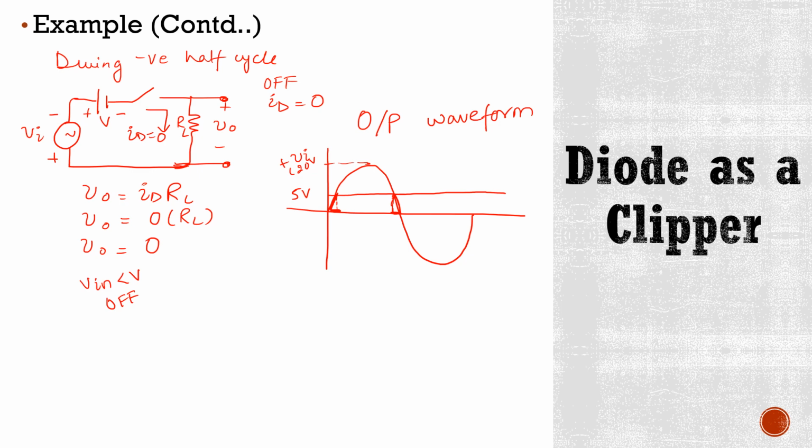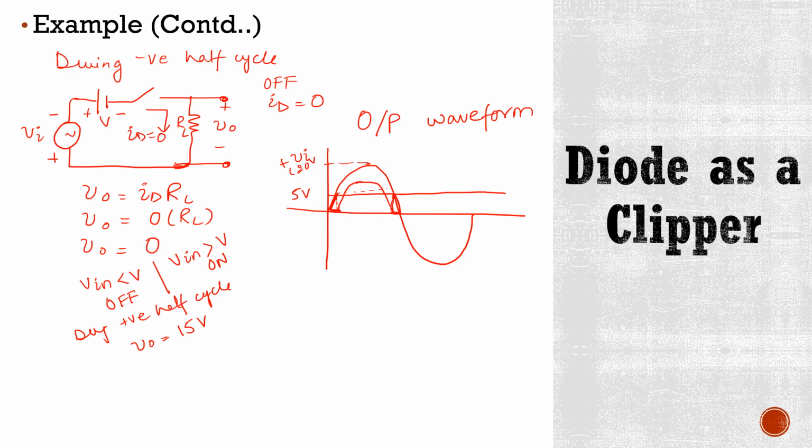Okay, and we know that during positive half cycle, our output voltage was 15 volts. Okay, and when Vin is greater than V, diode is on. It means now in this part we'll have an output voltage of 15 volts which is drawn like this.